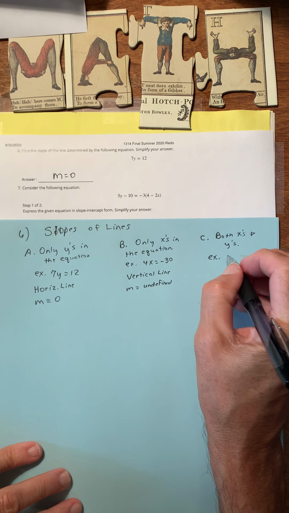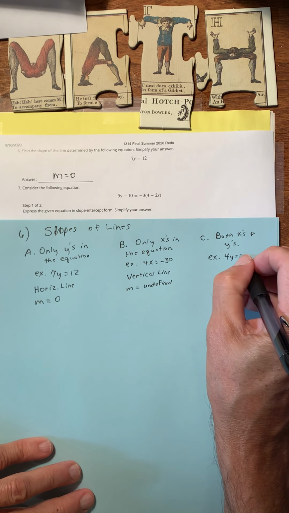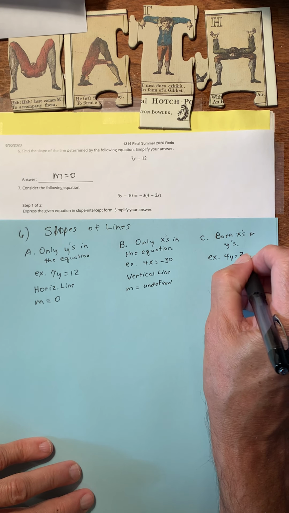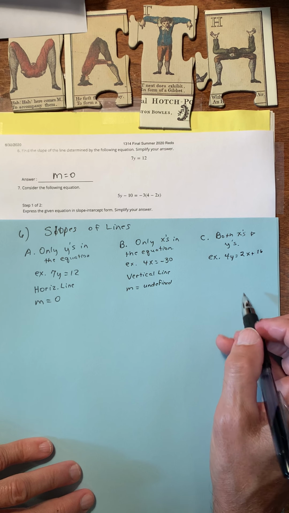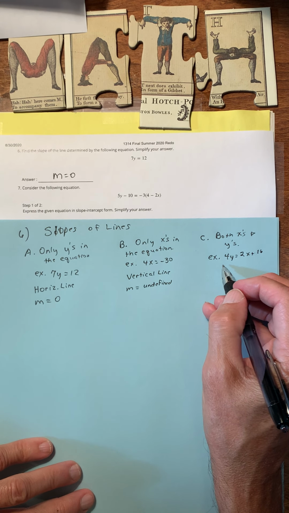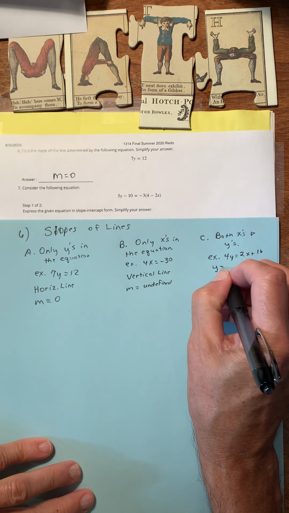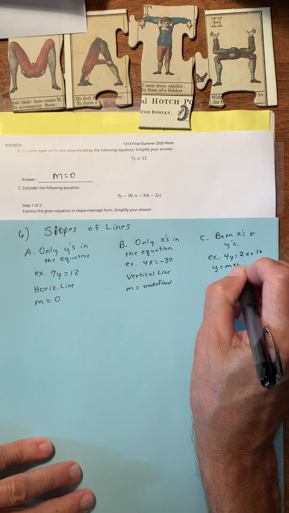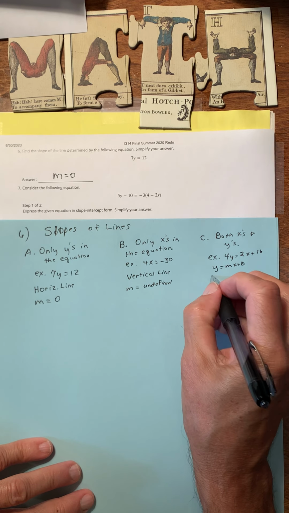Example, 4y equals 2x plus 16. And what that means is you're going to have to find the slope. Put it in slope-intercept form. That means solve for y, so I'm going to divide every part by 4.